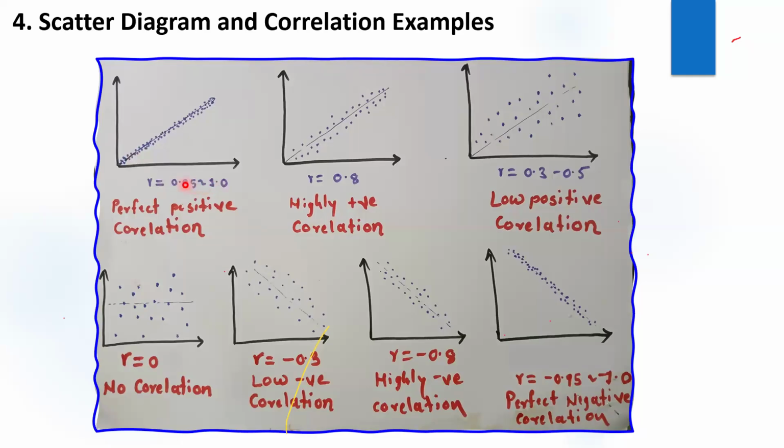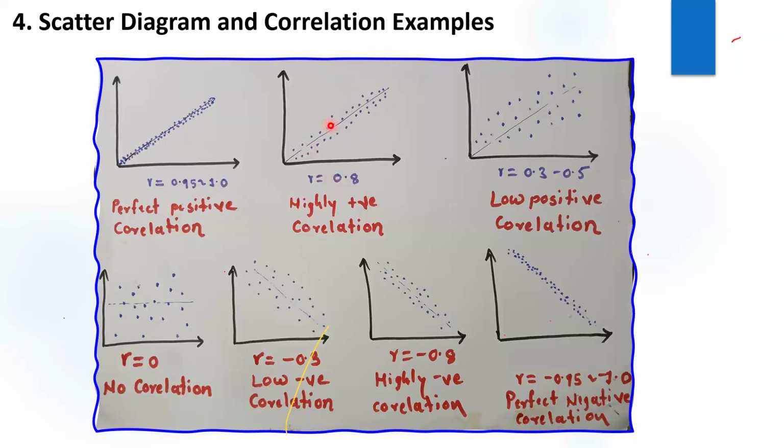So always remember, R, the correlation coefficient, varies from -1 to 1. When it is 0.9 or 1, it is a perfect positive correlation. When R is plus 0.8, it is positive.